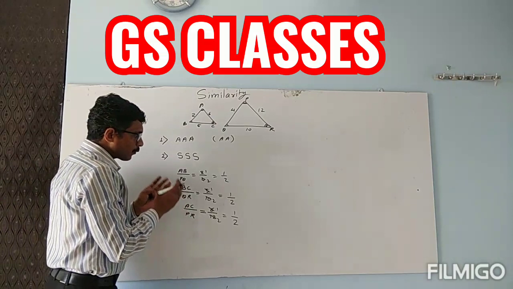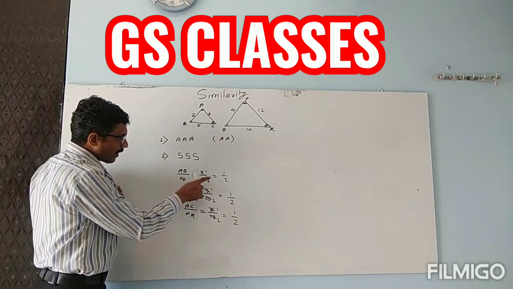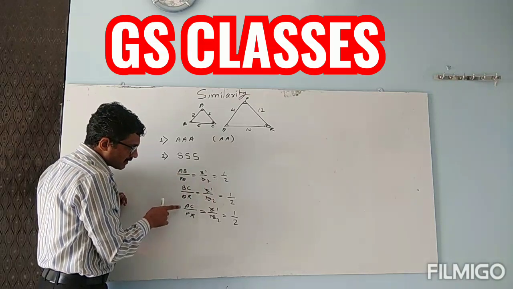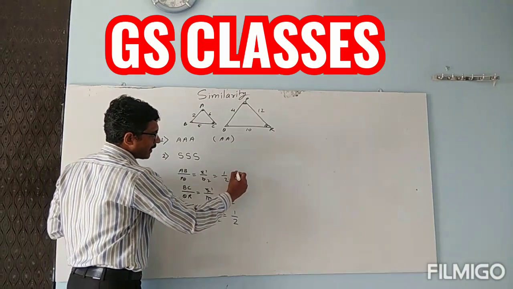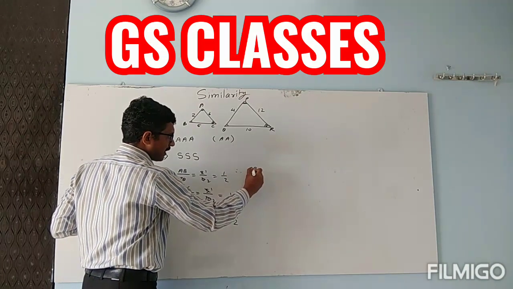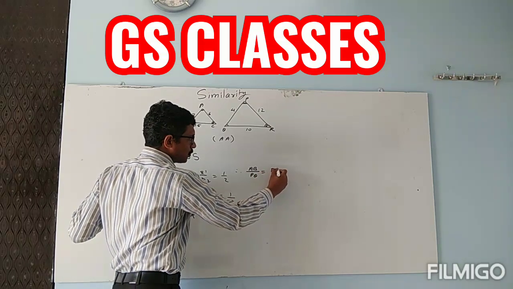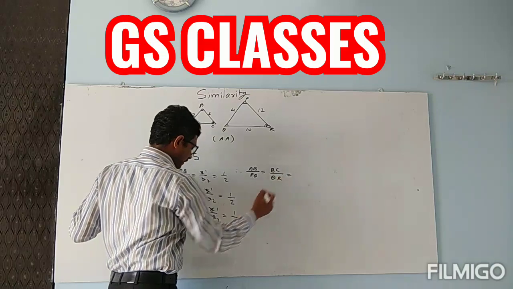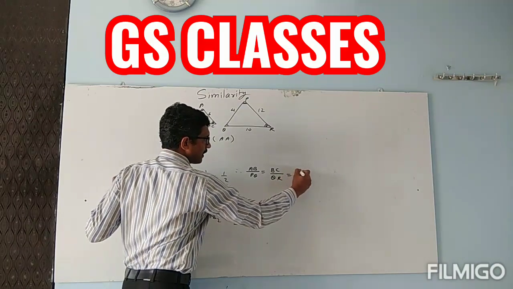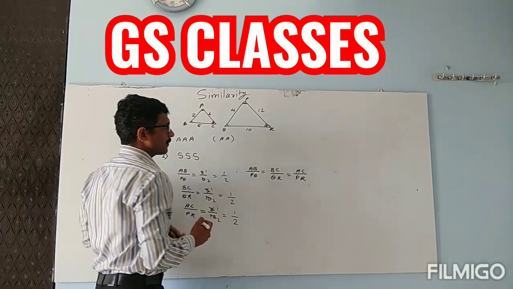Children, here one point you can notice: the values of all these three ratios are the same. Hence I can now write AB upon PQ is equal to BC upon QR equals AC upon PR.